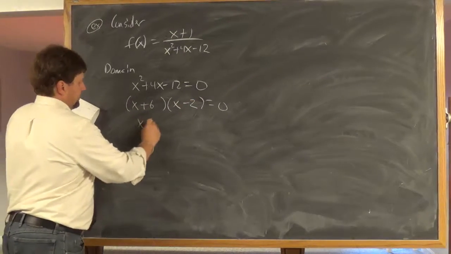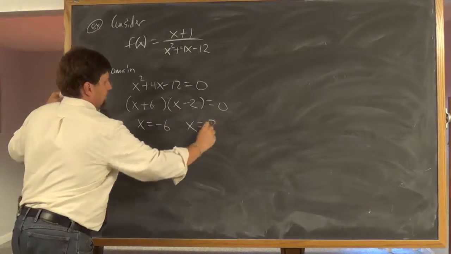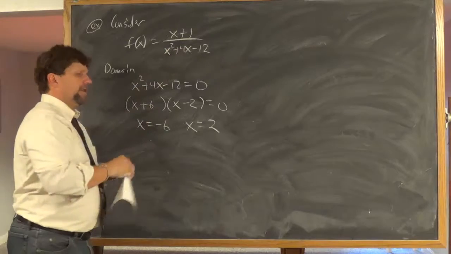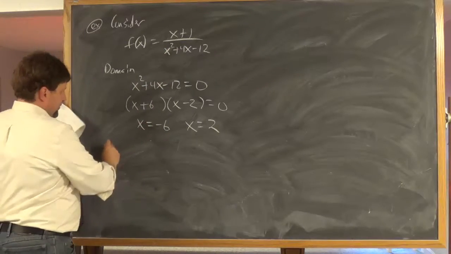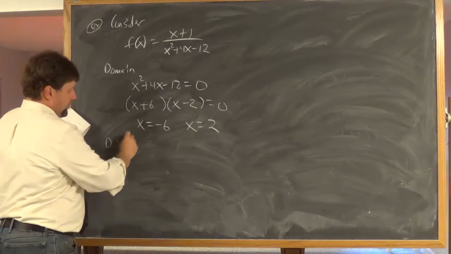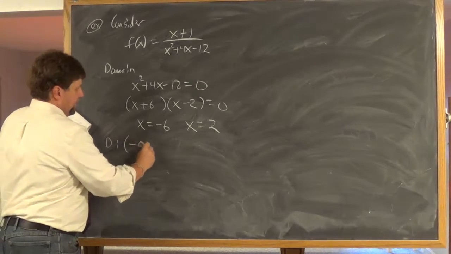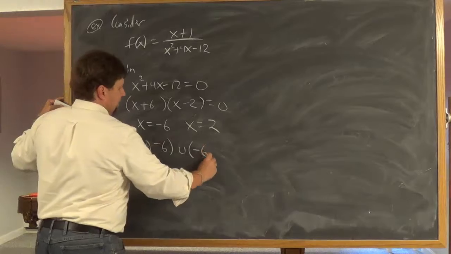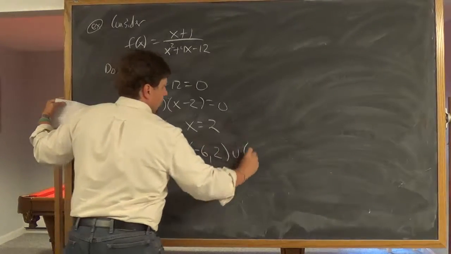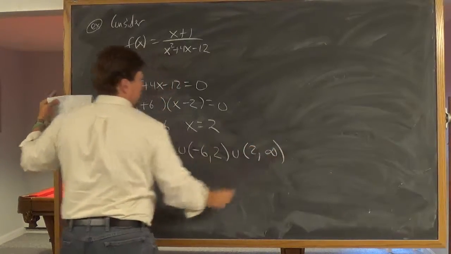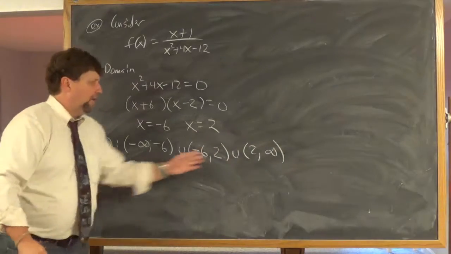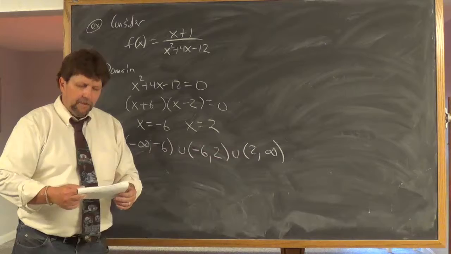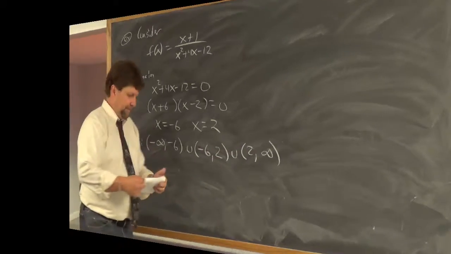Yep. So these are the two values of x that would make the denominator 0. They're not in the domain. So in interval notation, the domain would be negative infinity to negative 6, union with negative 6 up to 2, union with 2 to infinity. So it's all real numbers except -6 and except 2. So that's a real old question.